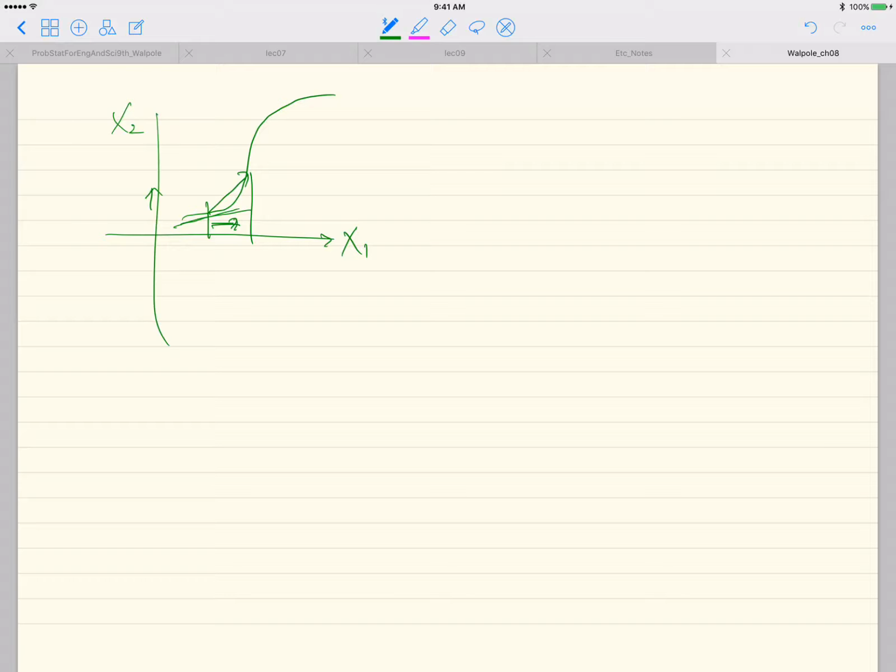So this is the meaning of this QQ plot, and the normal QQ plot is a special case of a QQ plot when we use x1 as a standard normal Gaussian random variable.